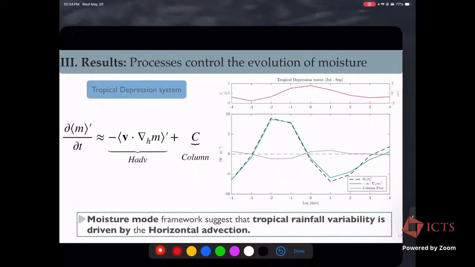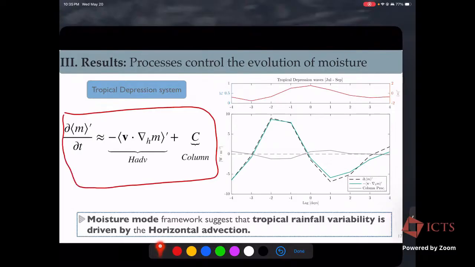So maybe you can say, oh, this is super complicated. You show it many terms, but we can simplify the budget equation as shown here. We can say that moisture evolution in the system can be explained by the horizontal advection, and the remaining terms in the budget equation we can just call the column processes.